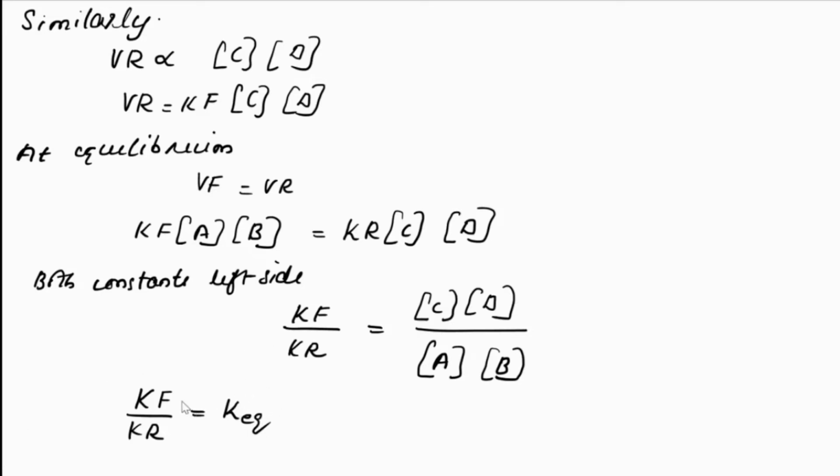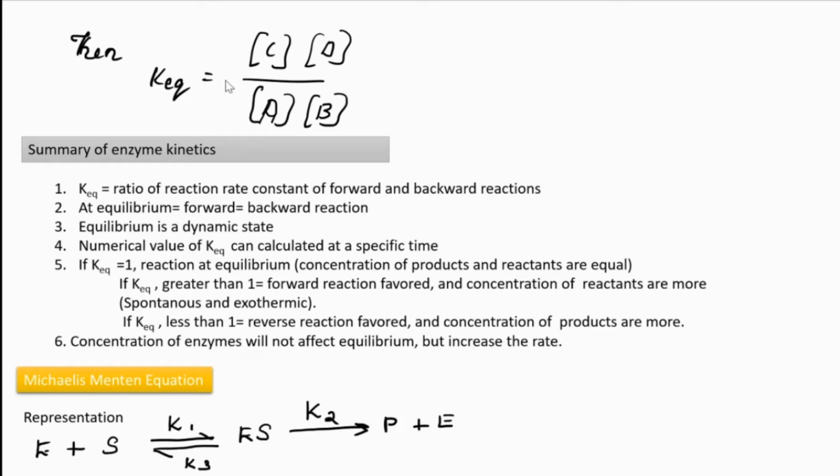Then the equation becomes K equilibrium is equal to the product of the concentrations of products divided by the product of the concentrations of reactants. This is the main equation of enzyme kinetics.